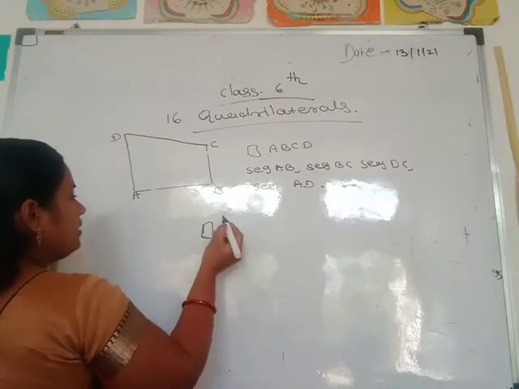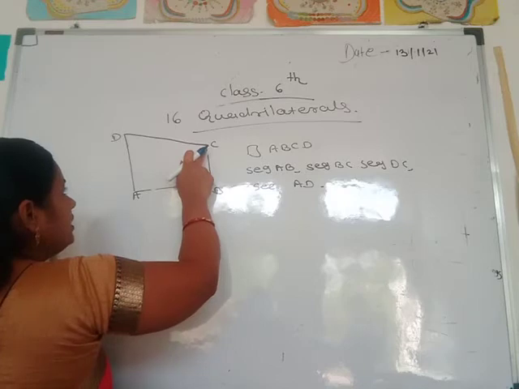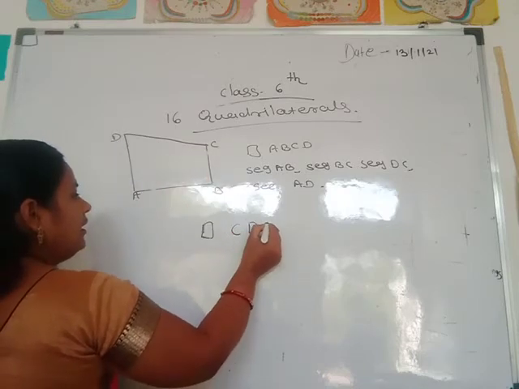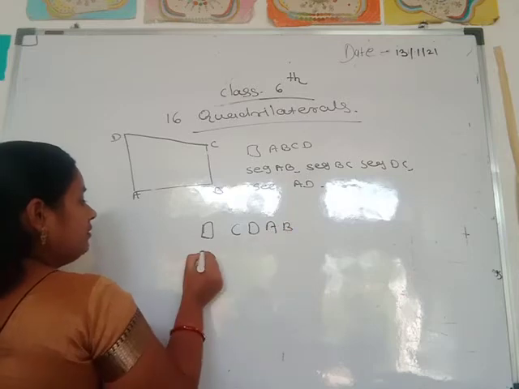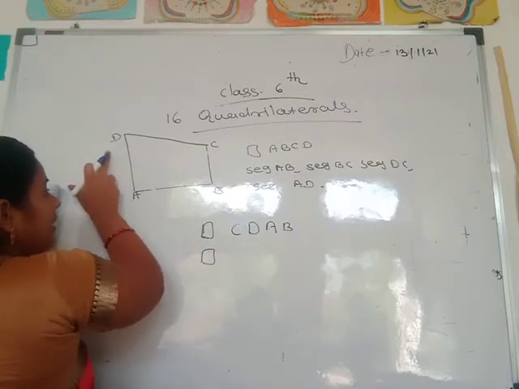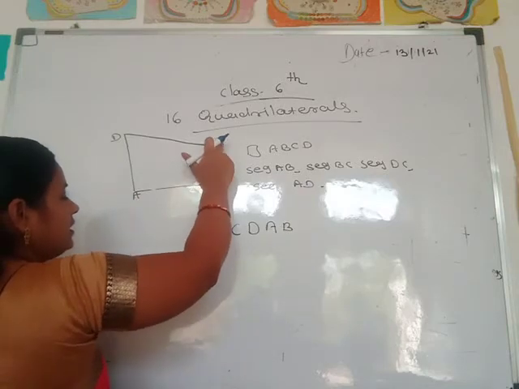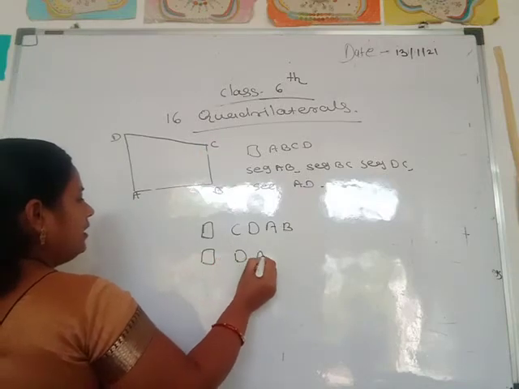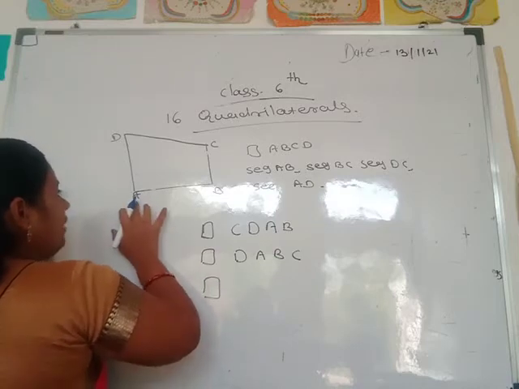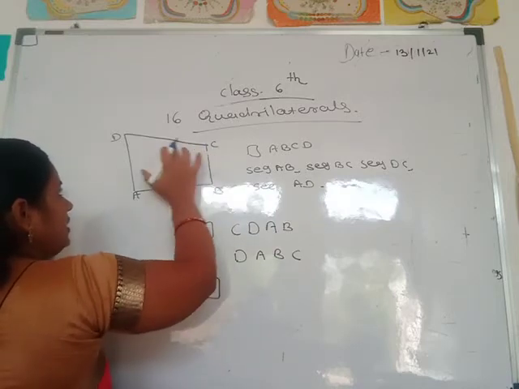You start from this point C: CDAB. Then the quadrilateral starting from D: DABC. Then again ABCD.